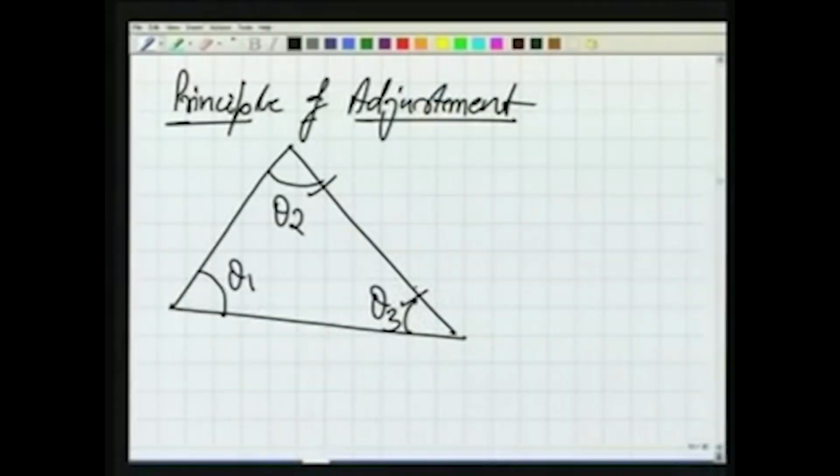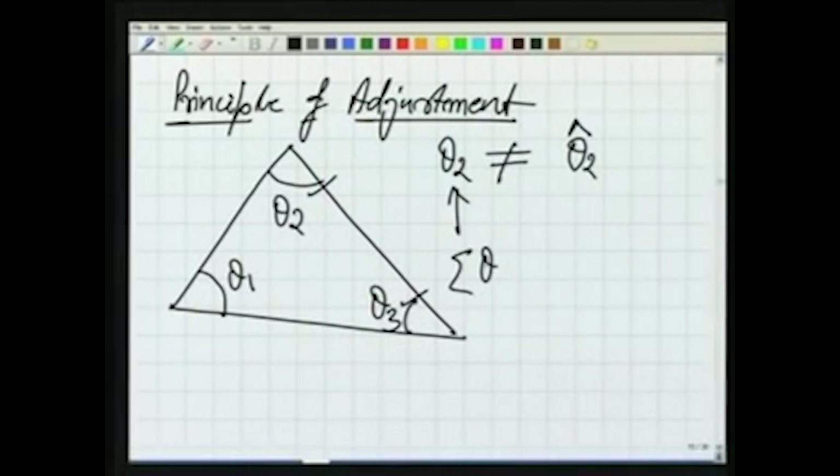Similarly, I measure theta 2, theta 3, all the angles. Now, we know that this theta 2, for example, is not really the true value. The true value in this case is theta 2 hat, let us say, but theta 2 is not the true value. Why? Because theta 2 has got some errors in it. We have discussed this thing that we cannot measure the true value. So, all our theta 2 has got the error.